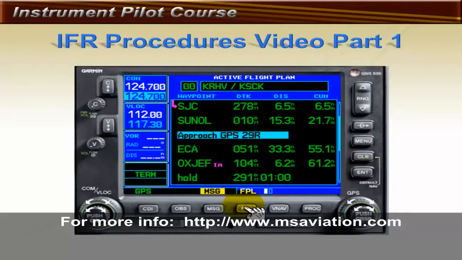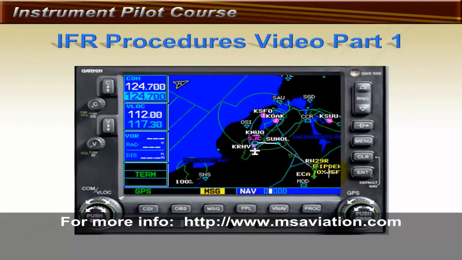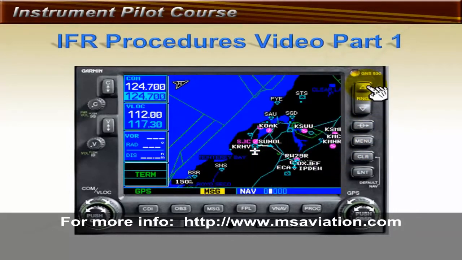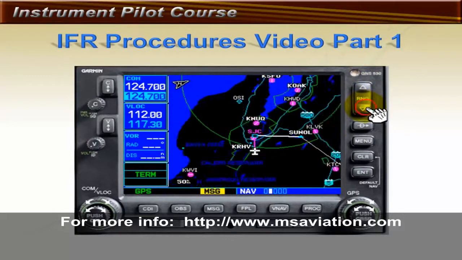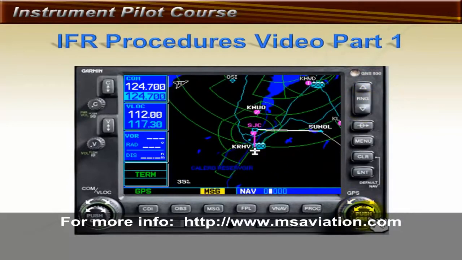Let's take a look at it on the moving map. So it's going to be the flight plan button. Now we can see the entire plan, which goes from Reid-Hillview over to San Jose, Sunol, down to Manteca, and then the instrument approach starts. Now we can pan over and take a look and see what that looks like.